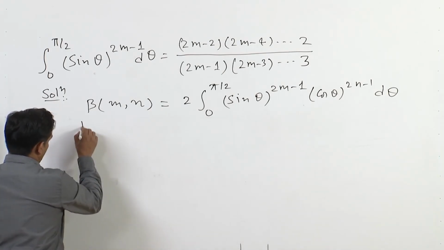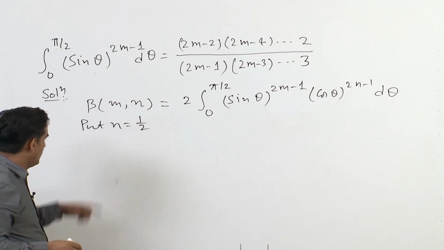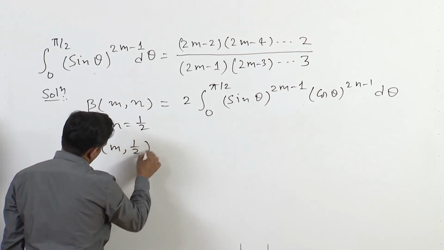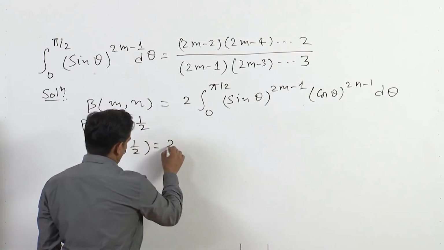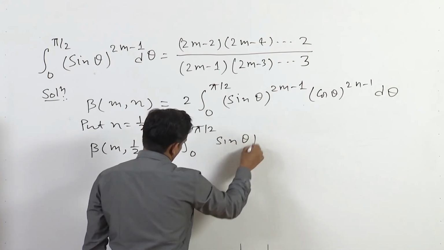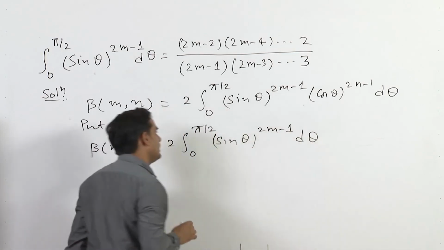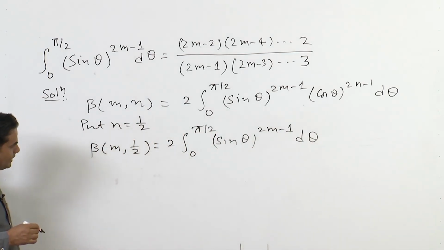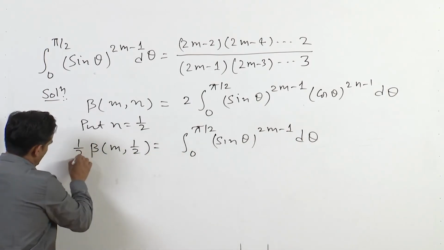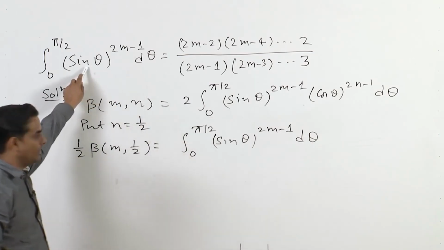Now, put n equals to half here. So, what I am having? Beta m, half equals 2 times the integral 0 to pi by 2 of sin theta raised to power 2m minus 1 d theta. Okay. And if I take this to this side, it will become 1 by 2 of this one. So, the right hand side is exactly equal to this one.